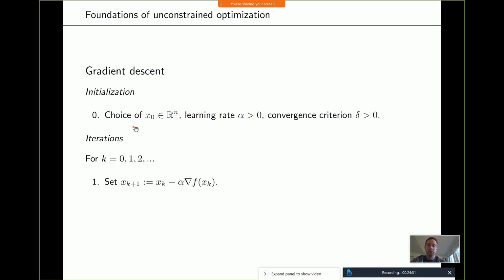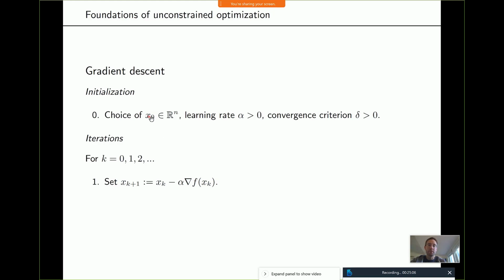So for example, if your x0 is, let's say, 2, then at iteration 1 you put here 2, and you subtract something from it. What you subtract is the product of the learning rate and the gradient of the function f at the location xk. Always keep in mind that xk, and then of course xk plus 1 as well, can be n-dimensional.